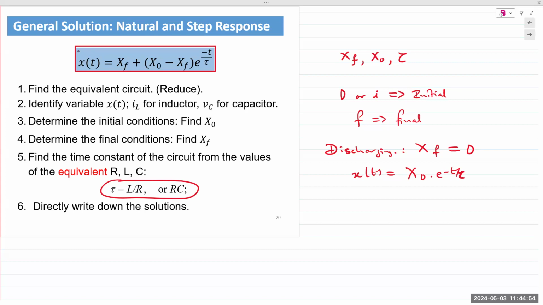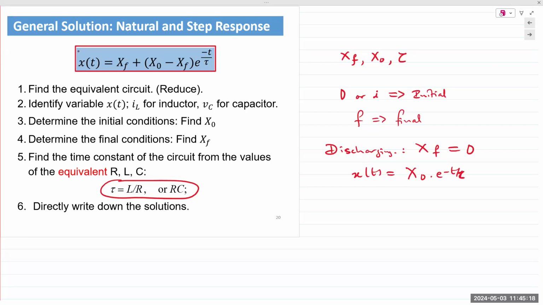If you're taking the lab, you will see that next week. Your capacitor will begin discharging, but it doesn't have enough time to reach 0, and it begins charging again. But when you're analyzing just that discharging portion, you still enter xf as 0. It doesn't matter that it's not going to reach 0, you still use xf as 0.